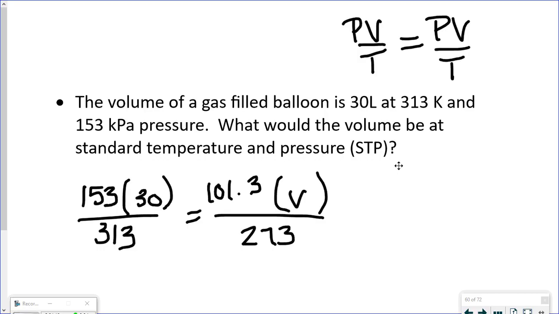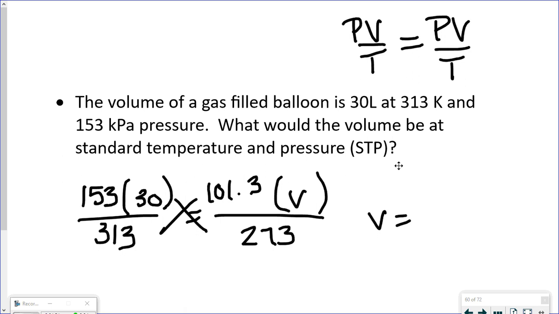So anytime it mentions the STP or standard temperature and pressure, make sure to look on your reference sheet for those values. And the easiest way to solve these problems, yet again, is to cross multiply. And whenever we solve, you end up having 153 times 30 times 273, which is equal to 125370.